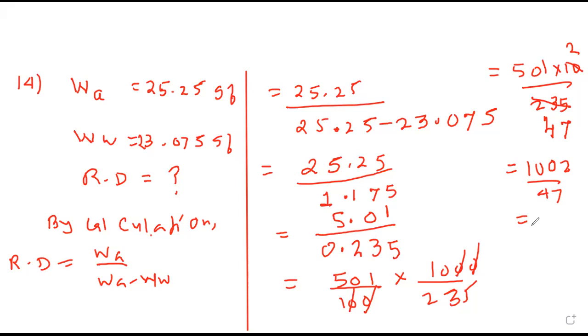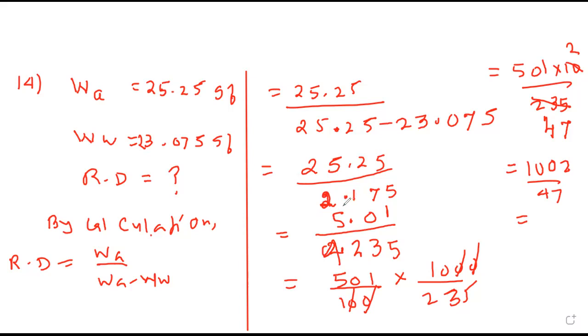You all calculate this much. Let me check. This is coming 2.175. So it will become 5 into 420.